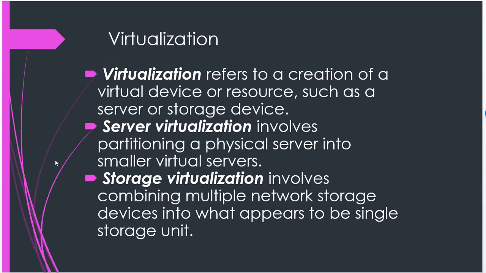So virtualization can occur at server level, where you're partitioning hardware to run different operating systems, or it can also happen at storage level, where you take different disks and combine them logically to appear as if it's just one disk. For example, you could buy 10 disks, each with 1 TB of storage, and then combine them using some storage virtualization application, such that when you present that storage, the computer will only see 10 terabytes, but it will not know that these are ten 1 TB disks that have been combined.